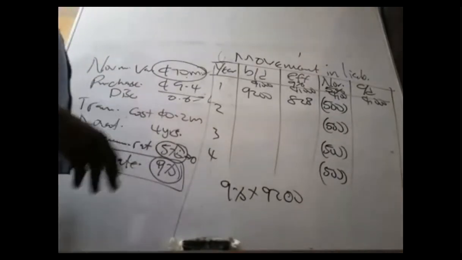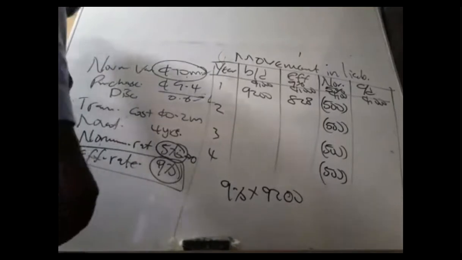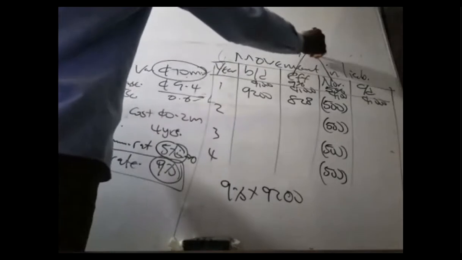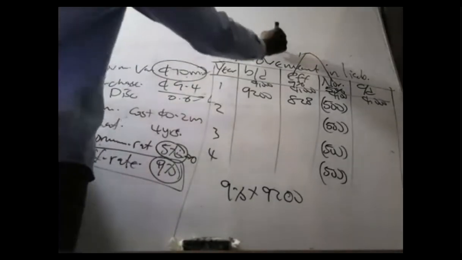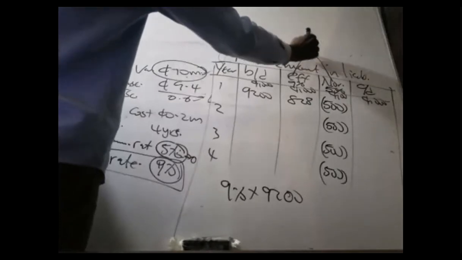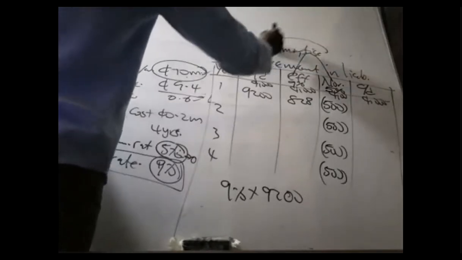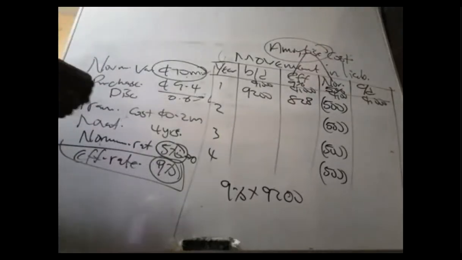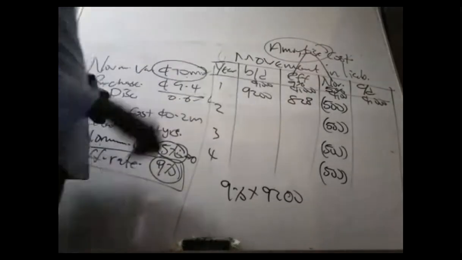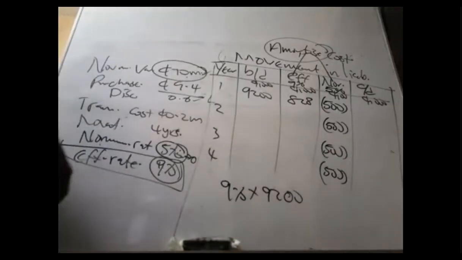Now, what we do is this. Amortized cost is just the difference between the effective rate and the nominal rate. That is why it's called amortized cost.